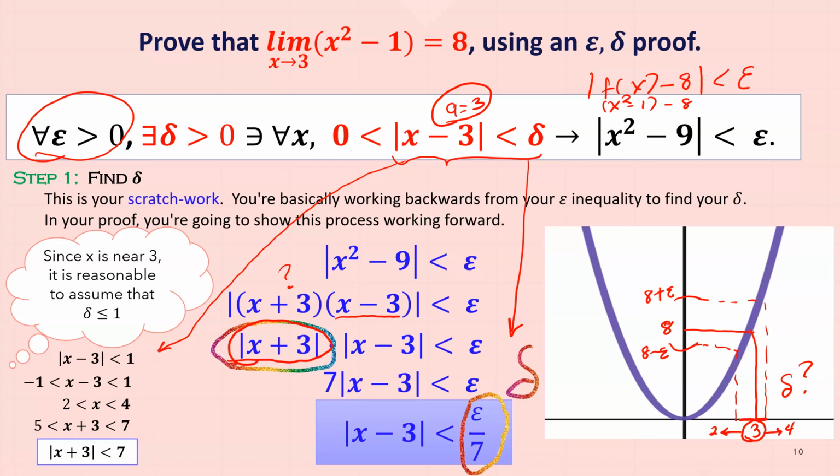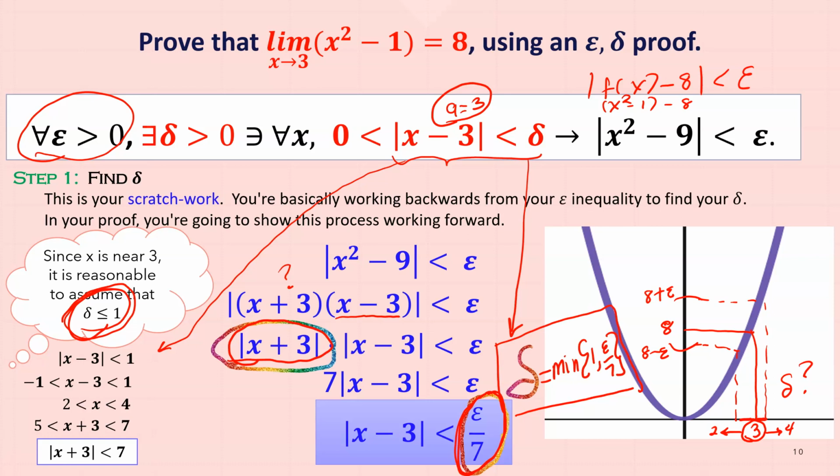In this case, delta is going to have to be epsilon over 7, and it also has to satisfy the fact that it is less than or equal to 1. So we would say delta is going to be the minimum between 1 and epsilon over 7. And that is what we will choose our delta to be in the proof.